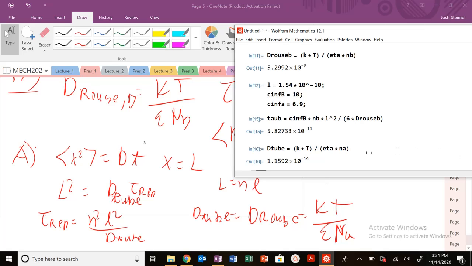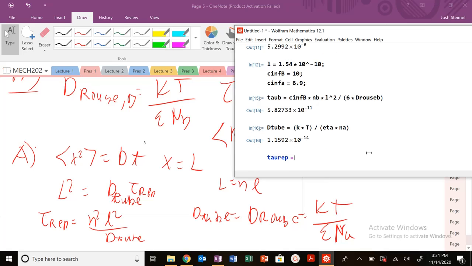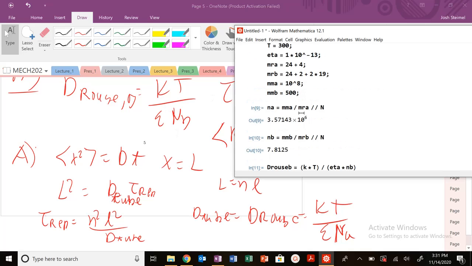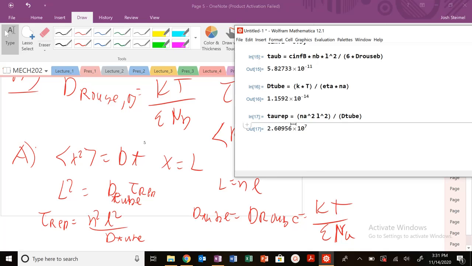And then tau rep is equal to Na squared times L squared divided by D tube. You see a very, very long relaxation time, 10 to the 7th seconds. You can see why these are basically permanent crosslinks. It's going to take 10 to the 7th seconds, because look back, that's a lot of repeat units. That's a huge, gigantic polymer, so it's going to take a long time to disentangle from itself.